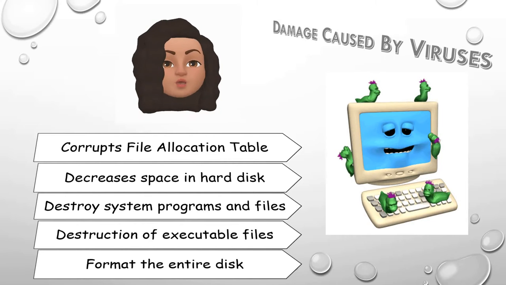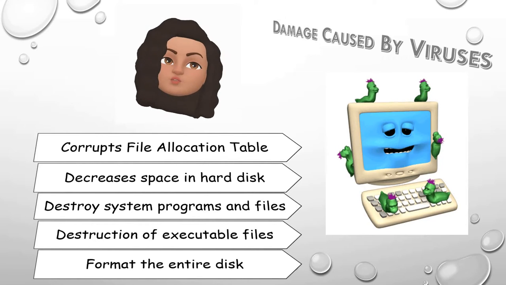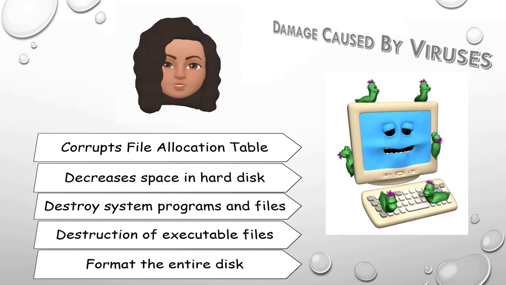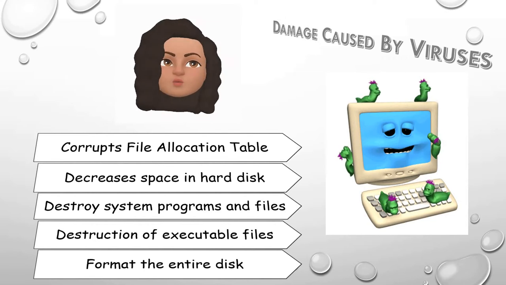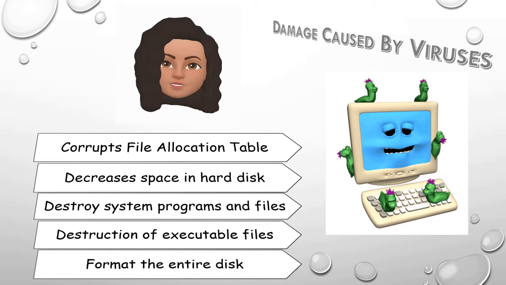Now let's see how to prevent viruses. You have to use antivirus software to permanently remove viruses. When you use antivirus software, frequent updating of your computer system is also required. And always scan pen drives and other secondary storage media to detect viruses and safeguard your system.